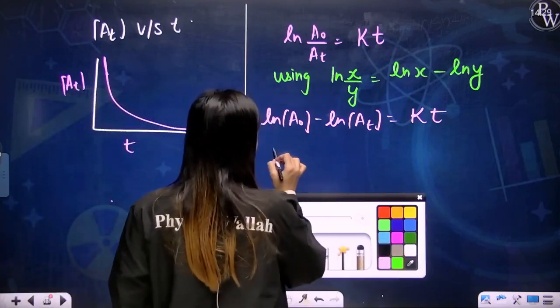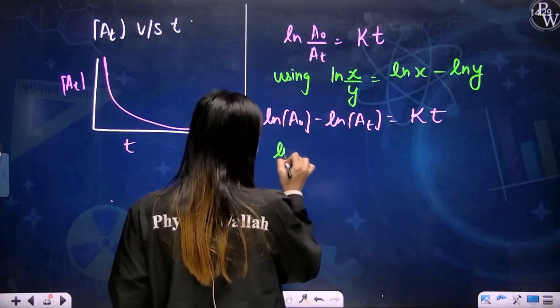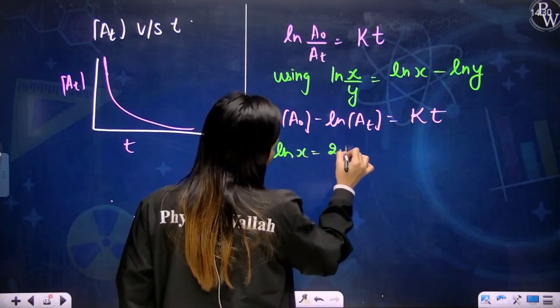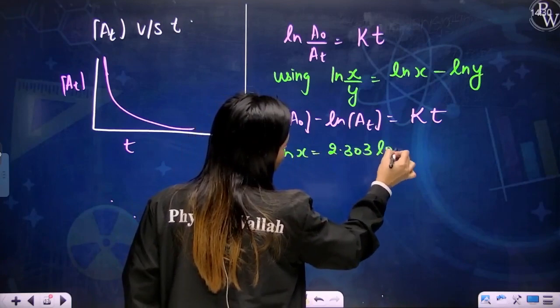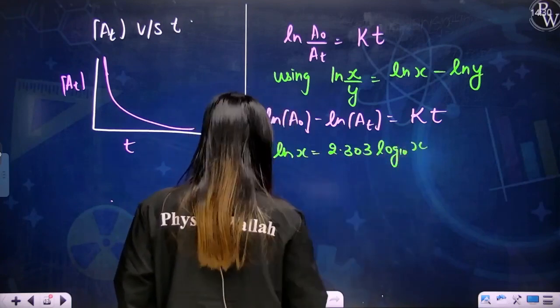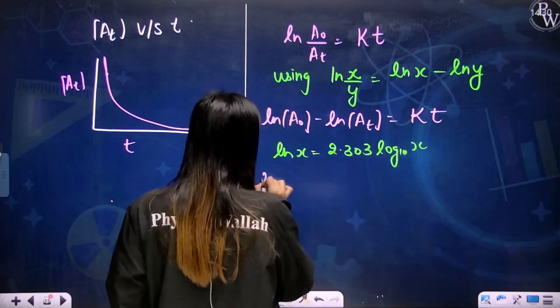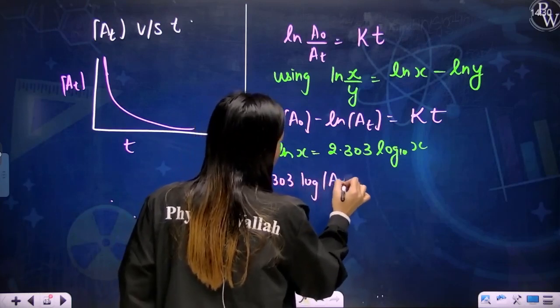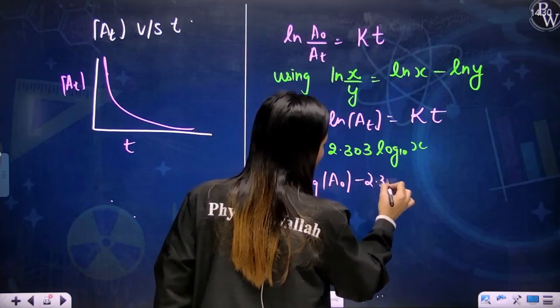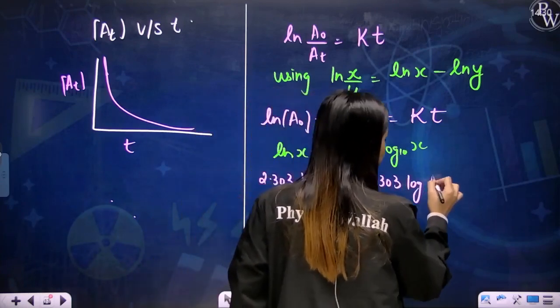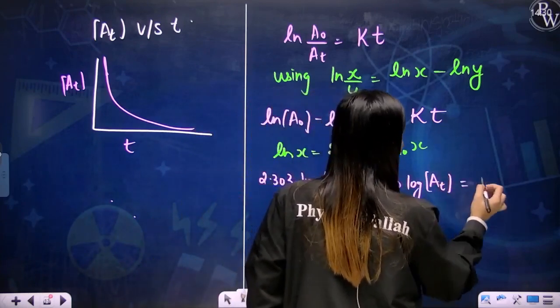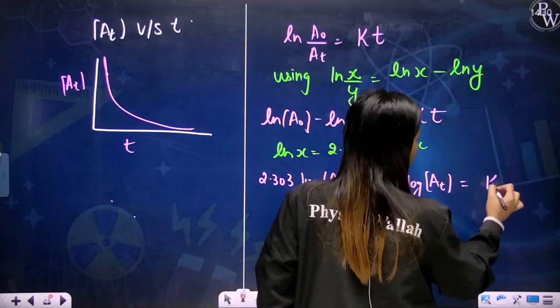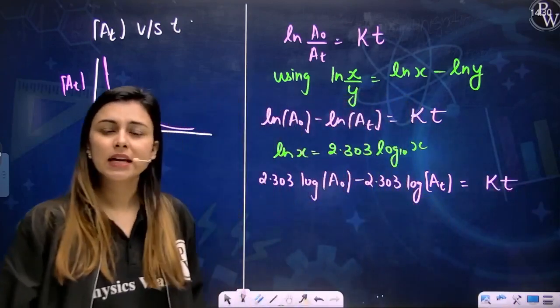So let's convert it. We know that ln of x is equal to 2.303 log base 10 of x. So let's use this expression. This would be 2.303 log A naught minus 2.303 log AT is equal to KT, right? Yes.